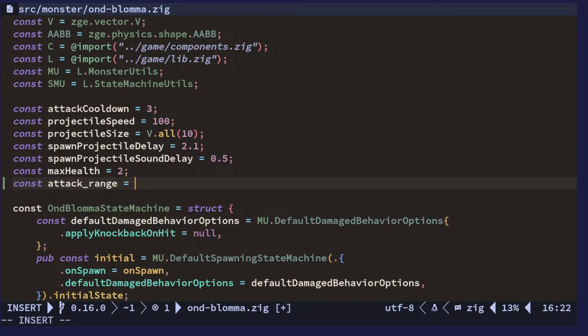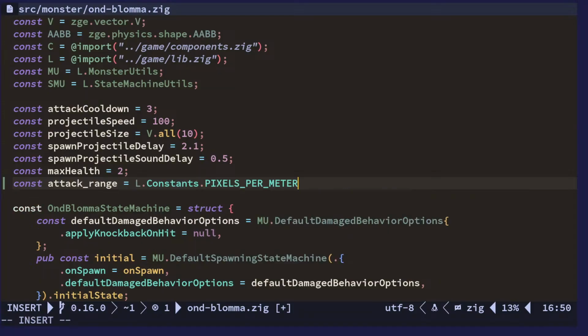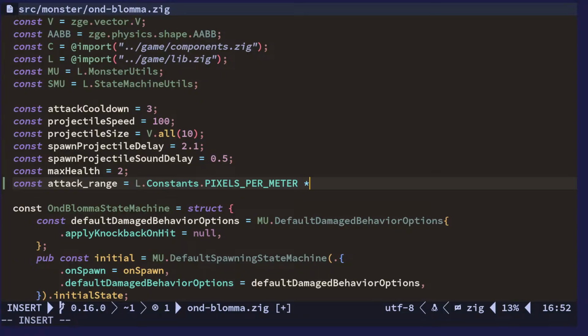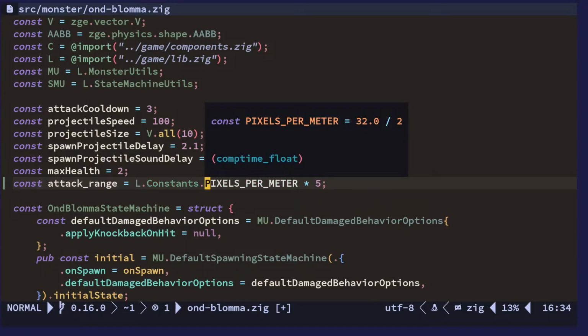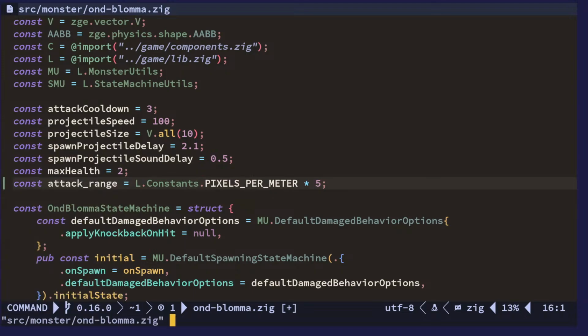And that's gonna be in pixels. Pretty sure we have pixels per meter. And we do, I don't know, 5. What's that gonna be? That's gonna be 16. Okay, so 5 tiles essentially. Sure.